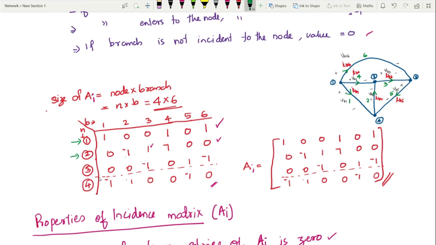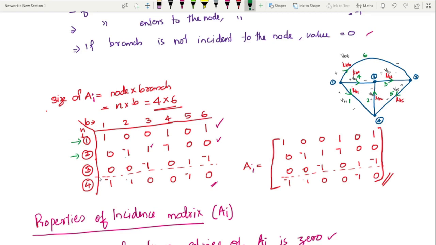Corresponding to 3, the current I3 is leaving node 2, so it is taken as positive, +1. Then corresponding to 4, the current is coming towards this node, so that entry is taken as -1. All other branches are not incident on node 2, so they are zeros.